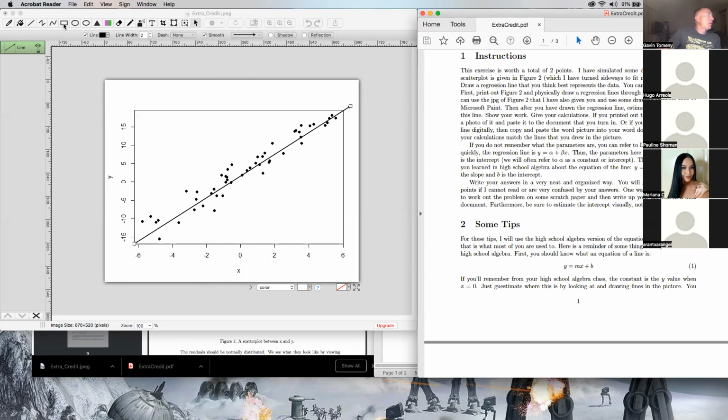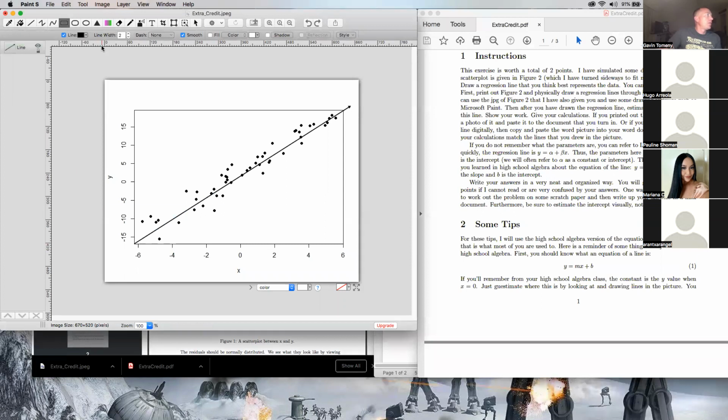Probably an even better way to do this is to use a rectangle box so that I know I'm getting parallel and perpendicular, and just bring it up right to where that corner hits the line.